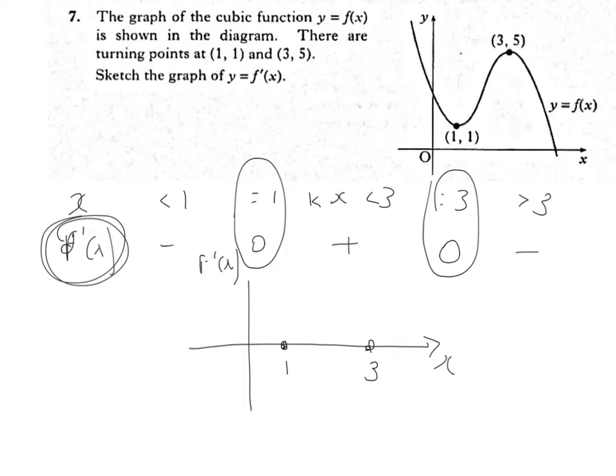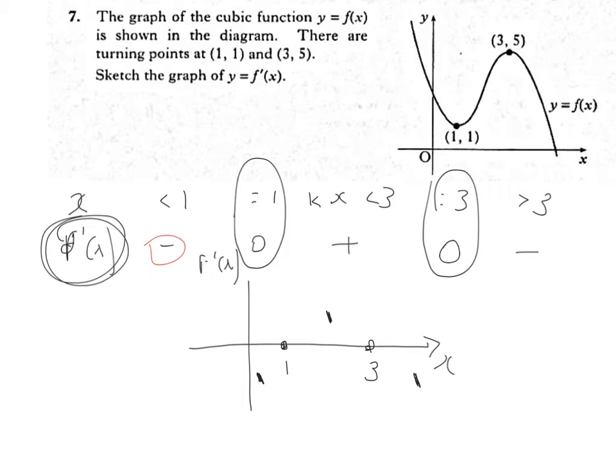Now, before 1, I've got negative gradient. I don't know exactly what the gradient is at any given point there, but I know it's negative, so it's going to be below the x-axis. So before 1, I'm going to say I'm in this area. Between 1 and 3, the gradient's positive, so that's up in this area somewhere, and after 3 I'm negative again.